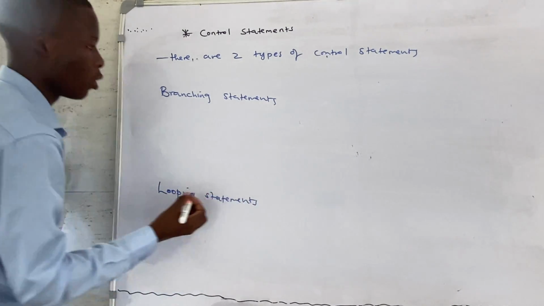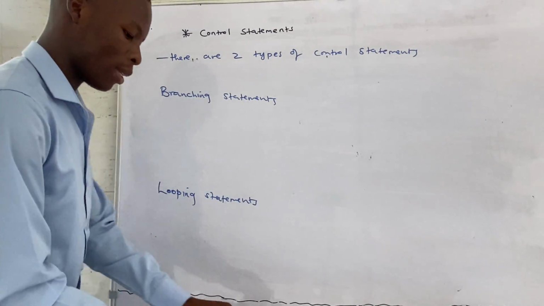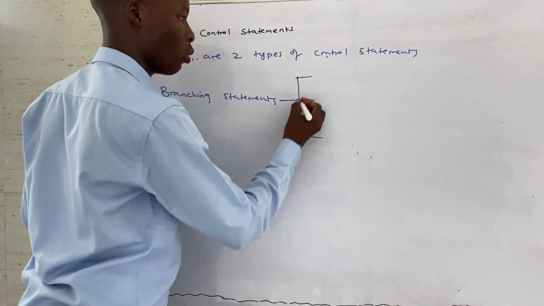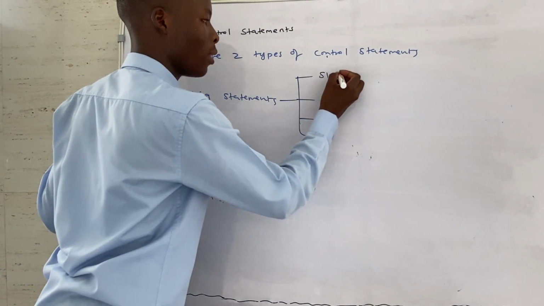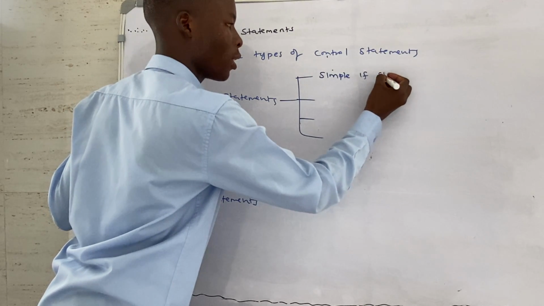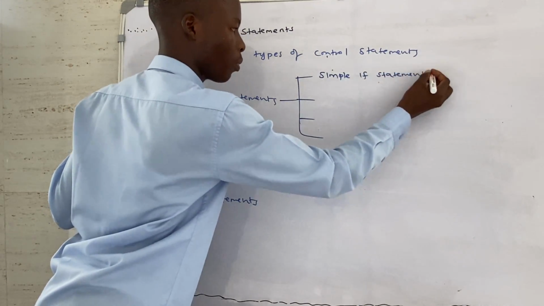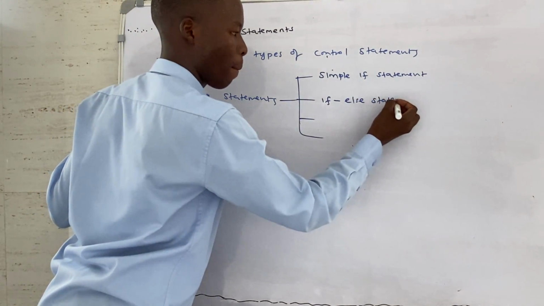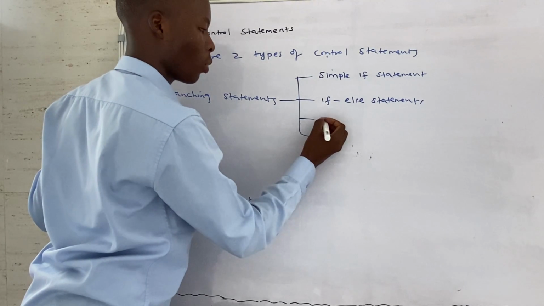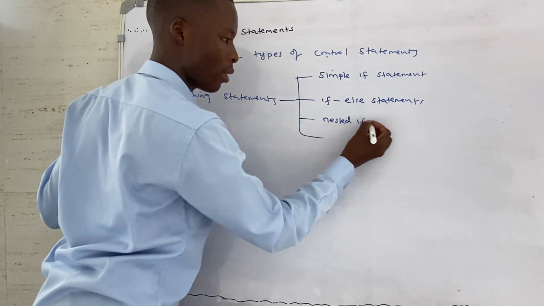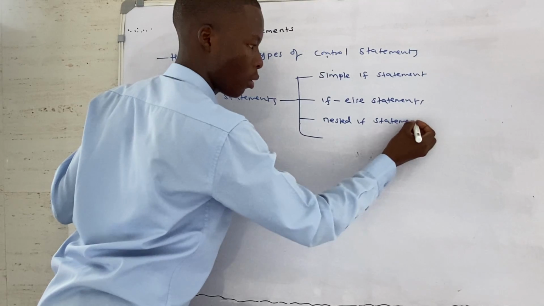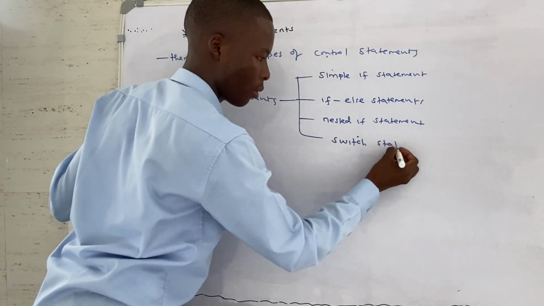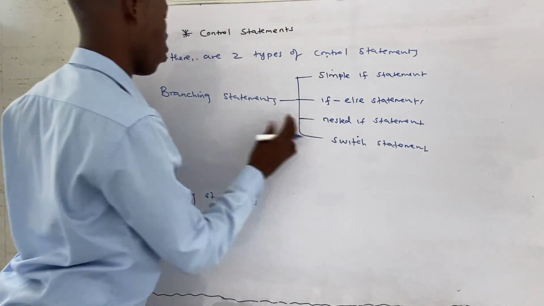The branching statements are further divided into 4. We have the simple if statement, the if-else statement, the nested if statement, and the switch statement. So these are the 4 branching statements.